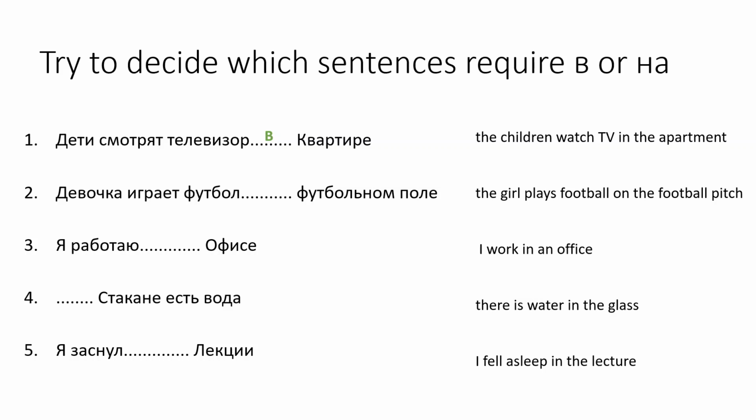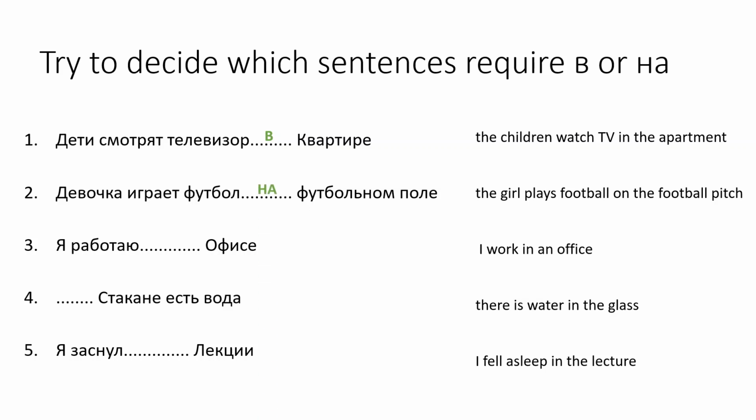That pronunciation rule is quite common with v before hard consonants. So it's just в квартире, kind of joins on. Second sentence, девочка играет футбол. Because футбольном поле means on the football pitch, which is an outdoor open space, it takes на.